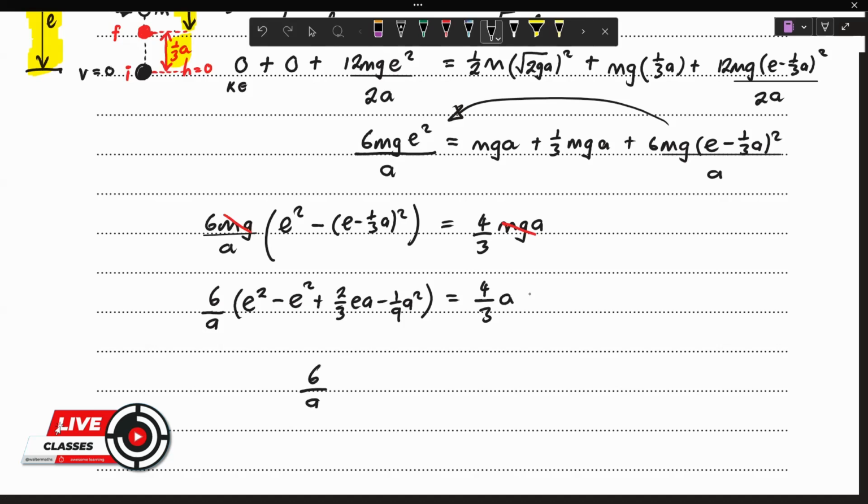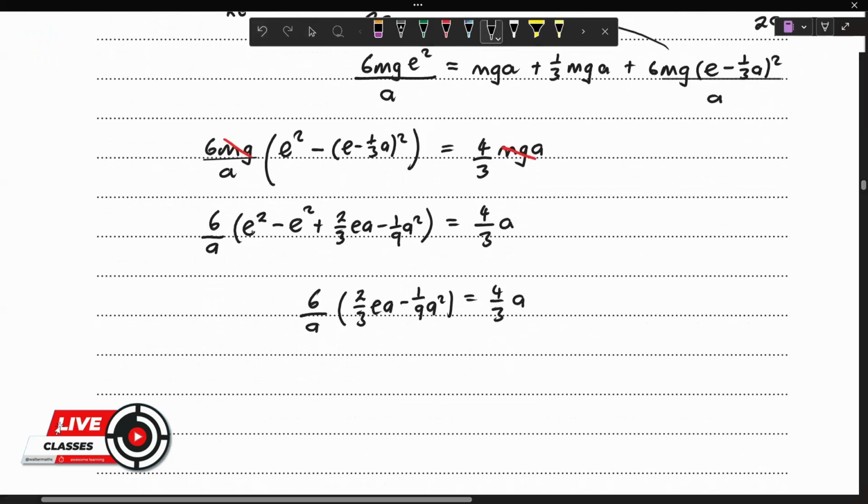So we have 6 over a of, here e squared minus e squared is 0, and we have 2/3 EA minus a ninth A squared being equal to 4 over 3 of A. Let's multiply both sides by 3A.